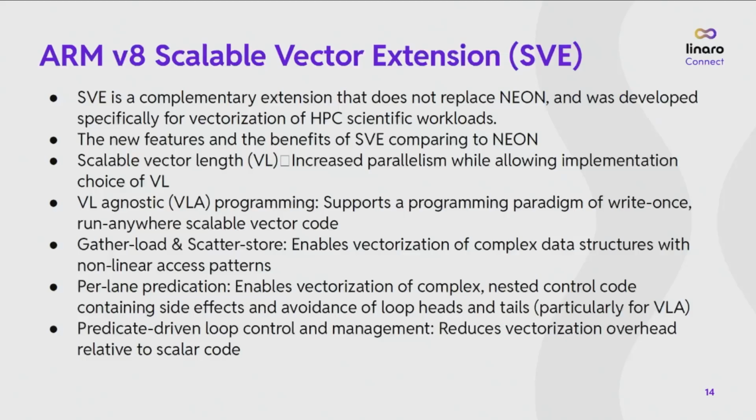The scalable vector length increases parallelism while allowing implementation choice of vector length. This is what I mentioned before. The vector length agnostic programming model supports the programming paradigm of write once, run everywhere, scalable vector code.